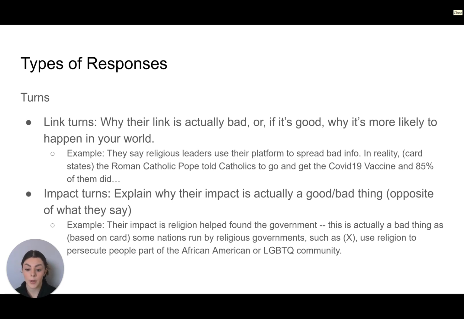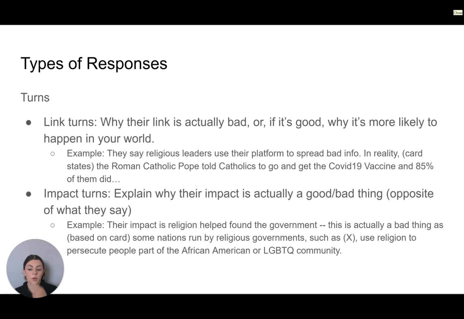Let's look at another example. So my opponent argues that religion helped found the government. This is actually a bad thing because according to blah blah blah, some nations run by religious governments such as, give an example, use religion to persecute people part of the African American or LGBTQ community. You get the point.